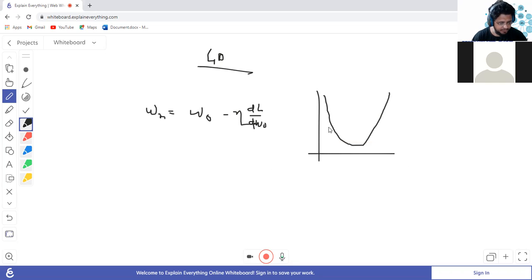So in this thing, what happens when we are in this part of the graph? W new is equal to W old plus learning rate into dL by dW old.